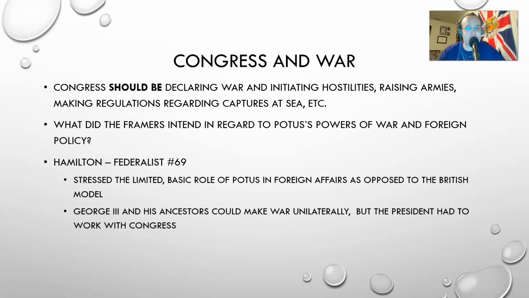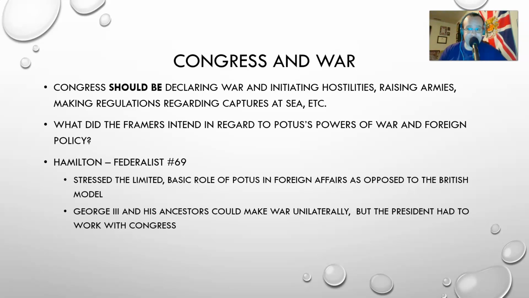So what did the framers intend in regard to the president's power of war and foreign policy? In Federalist 69, Hamilton really stresses a limited basic role for the president. You have to remember, they had just fought a war against a tyrannical king who wanted to impose his will on people who wanted freedom and to no longer be associated with the British Empire.